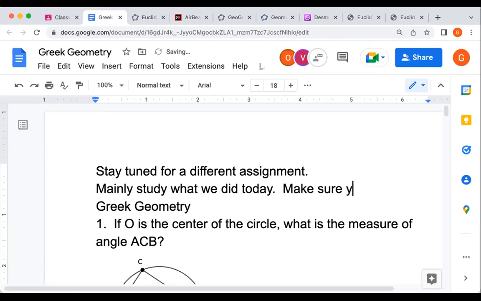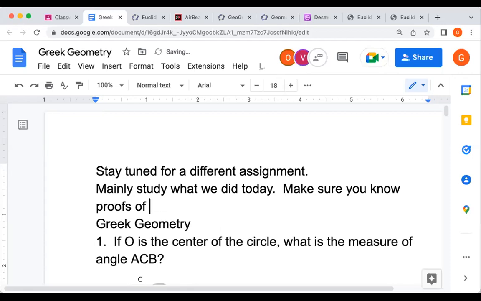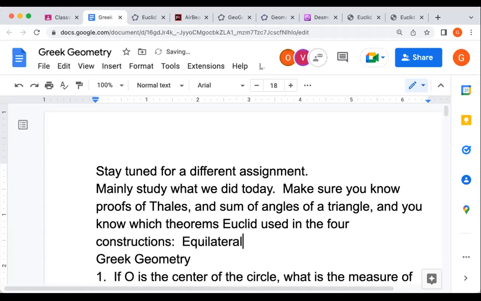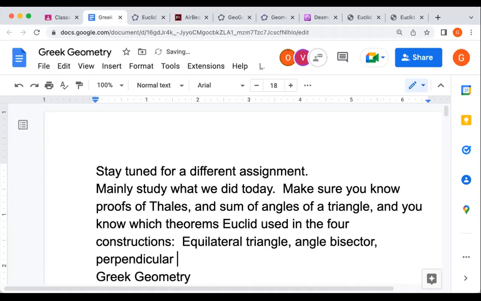Make sure you know proofs of Bailly's and sum of angles of a triangle, and you know which theorems Euclid used in the 4 constructions: equilateral triangle, angle bisector, perpendicular bisector/midpoint, and divide segment into n equal pieces.